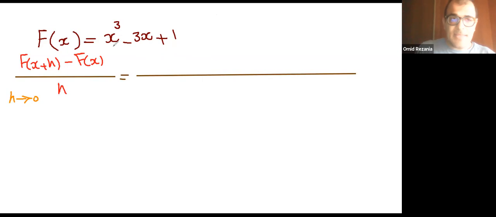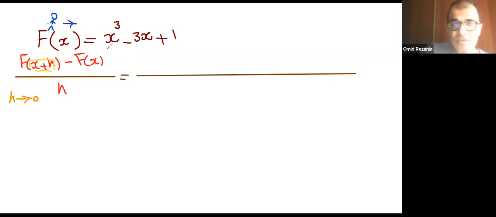And now look at this. Wherever I see the x, I'm just going to substitute x plus h. That's the strategy. If you remember, we did the same thing yesterday. What's going to happen right now here? I'm just going to start with the f of x plus h. I stand on the top of this function and I move forward.